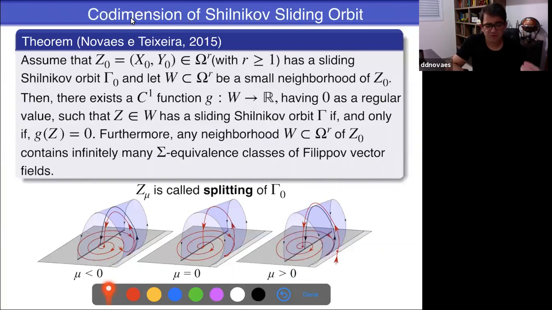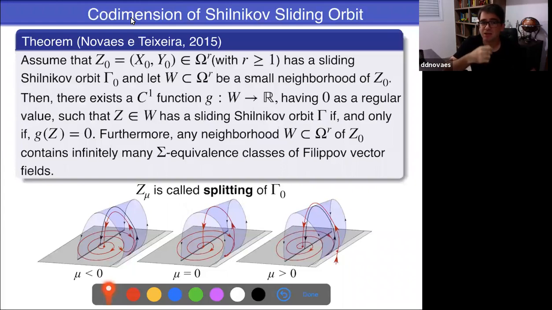If we have a vector field Z0 which has a sliding Shilnikov orbit, then we can find a small neighborhood W of Z0 in the space Omega r of piecewise smooth vector fields, and a codimension 1 manifold inside this neighborhood, such that a Filippov system inside W has a sliding Shilnikov connection if and only if it lives in this codimension 1 submanifold.